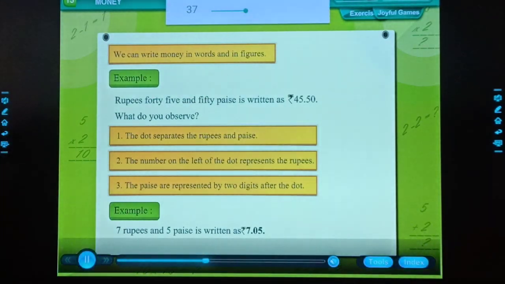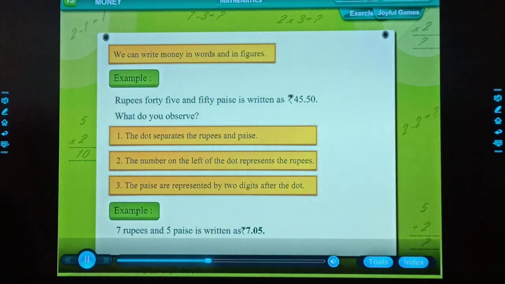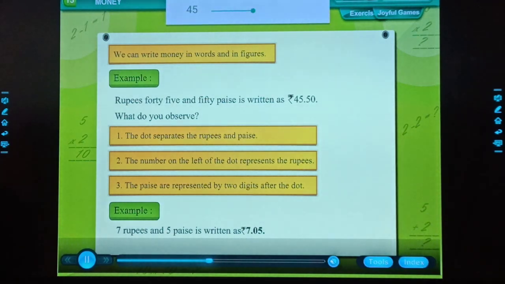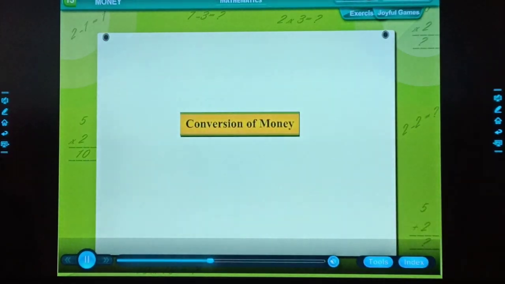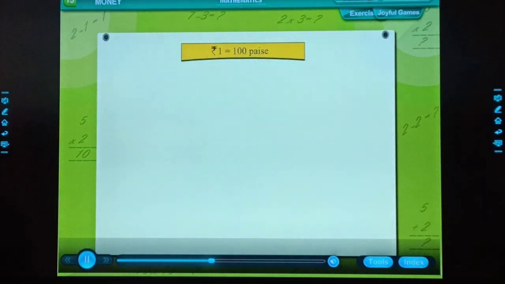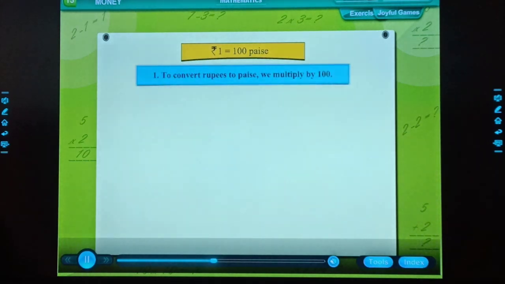Is written as rupees 7 and 5 paise or rupees 7 and 05 paise. Conversion of money. We know 1 rupee is equal to 100 paise. To convert rupees to paise, we multiply by 100.